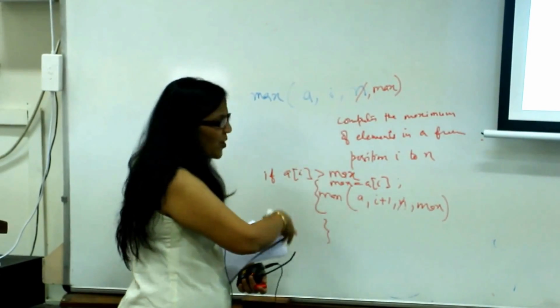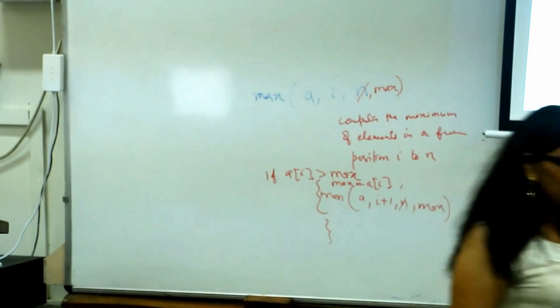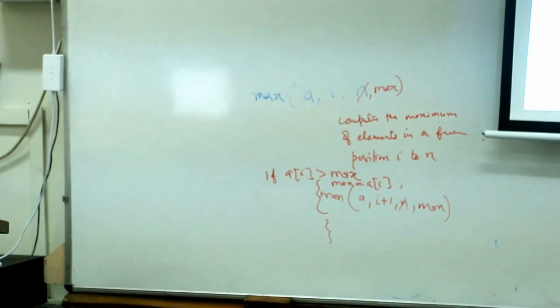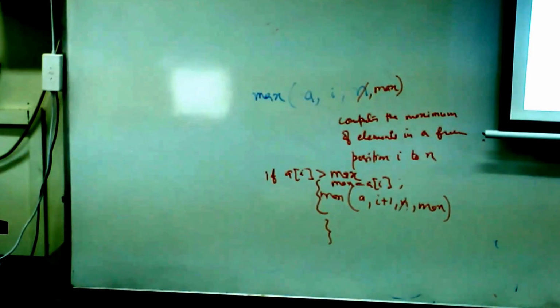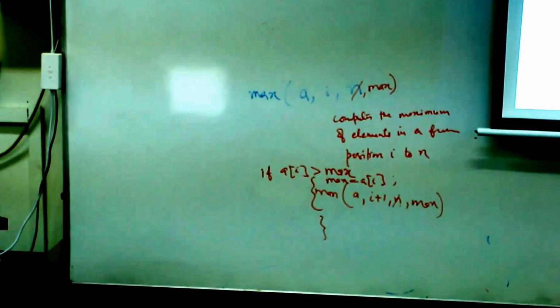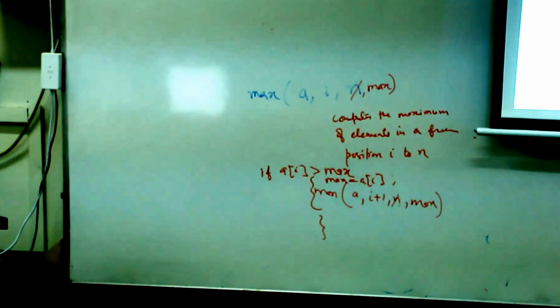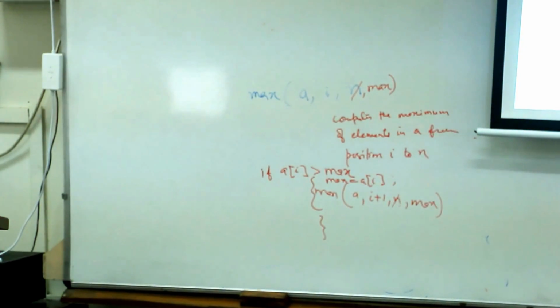So assume that the proper value of max is coming from somewhere. Some terminating condition is there. I have just skipped all those things, but just trying to show the idea.